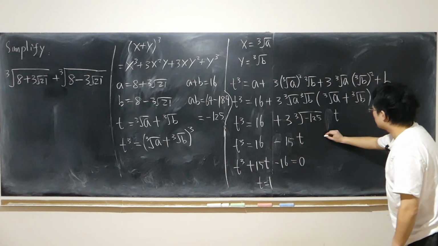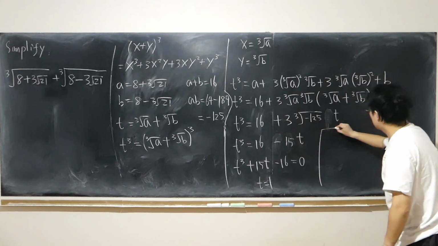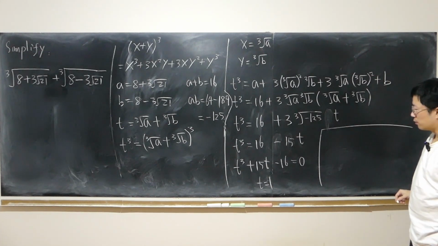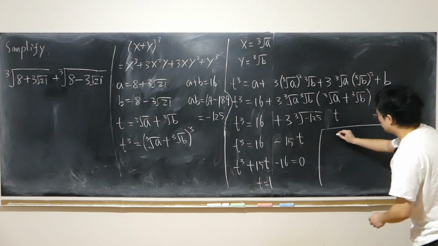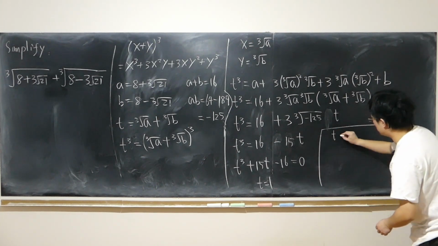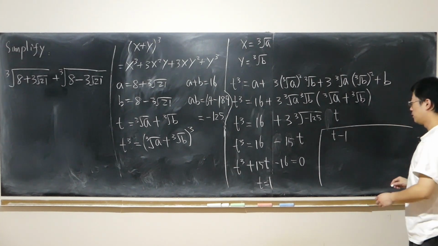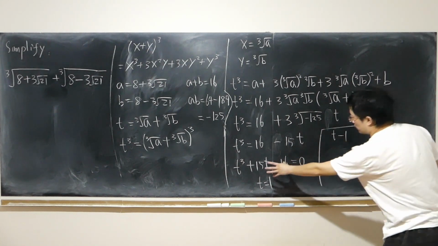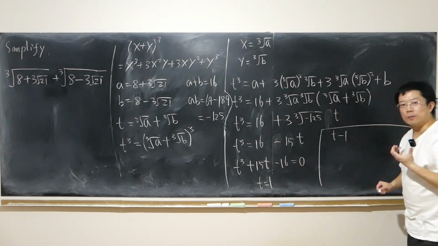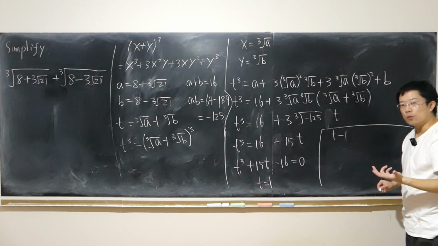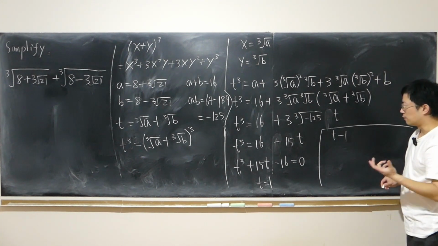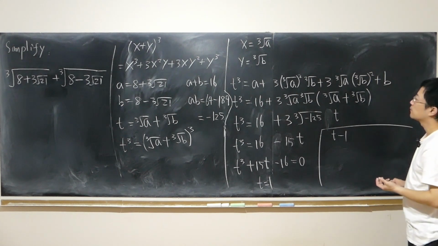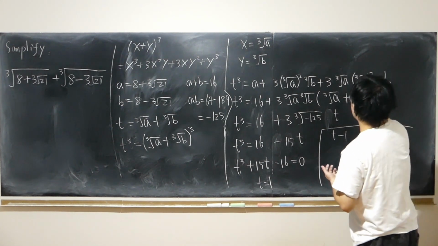So if we maybe do some long division, right? So t minus 1 is a factor. So use this factor, divide into this polynomial. So we come up with another polynomial, degree 2, and that's doable. And then solve for the other two solutions. And also we can use the graph.